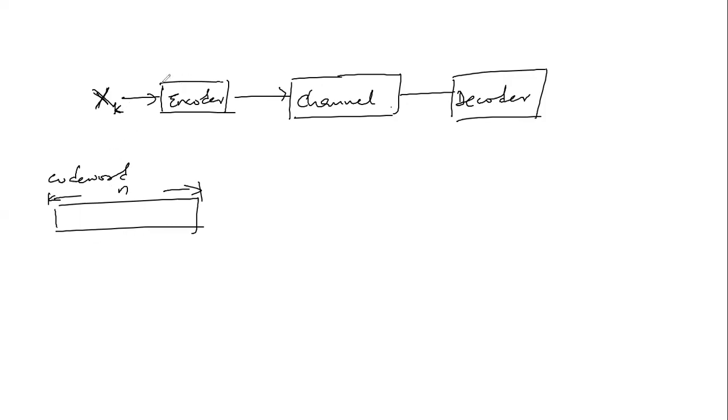Once this symbol goes into the encoder, the encoder is going to add some parity, so that here it becomes S_n, such that the parity is n minus k, where k is the message symbol.